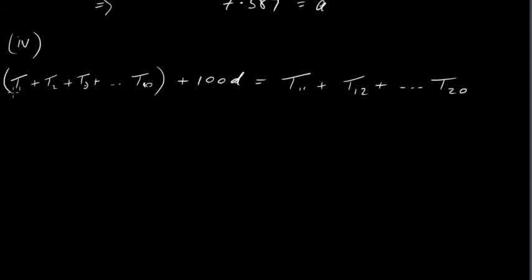So on the left hand side we're going to add the first 10 terms and add our answer to 100 times our common difference, and then we want to see is that equal to term 11 plus term 12 up to term 20. So the first 10 terms here is just going to be S10.